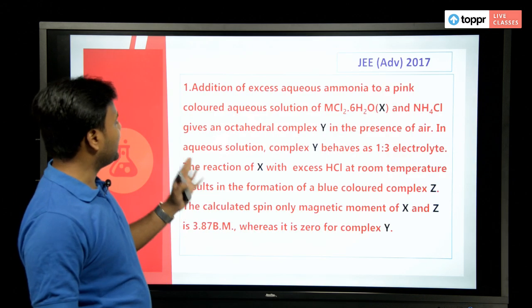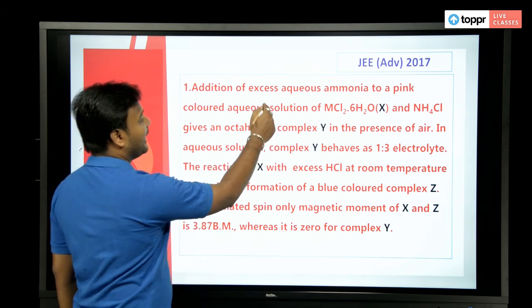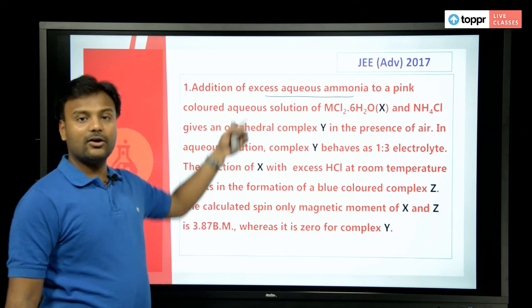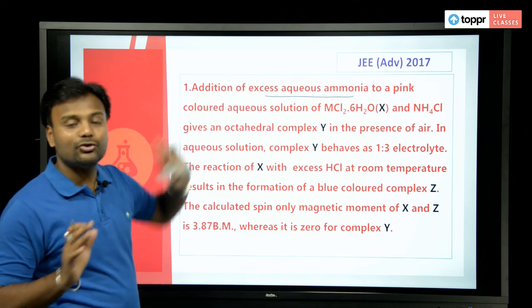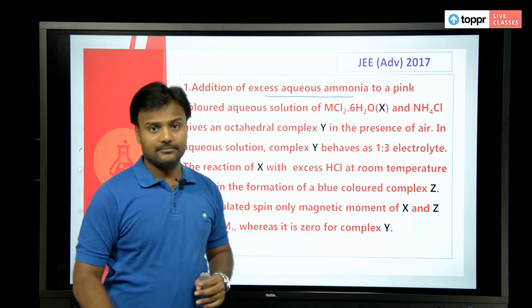Here you have an interesting question. Addition of excess aqueous ammonia. I am highlighting it because this is the one thing you need to keep in mind in order to answer this question.